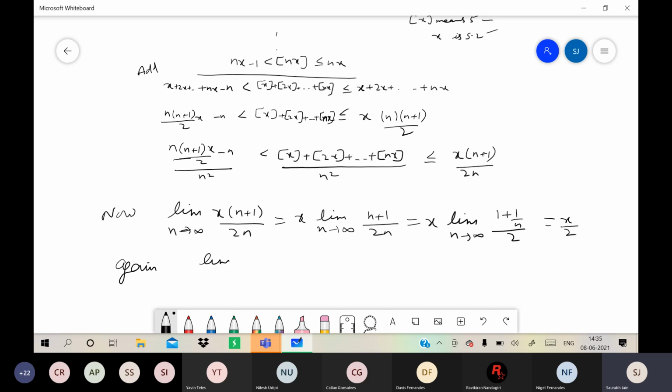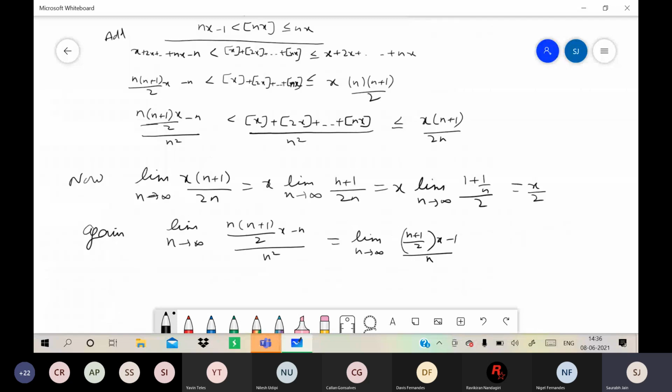Now we will find the limit of the left. First of all we will cancel one n from numerator and denominator. It will be n plus 1 upon 2n times x minus 1 upon n. Then you can split it into two parts.